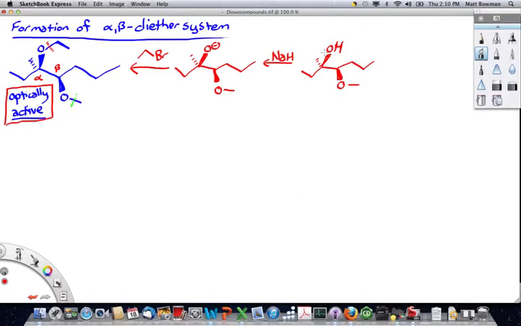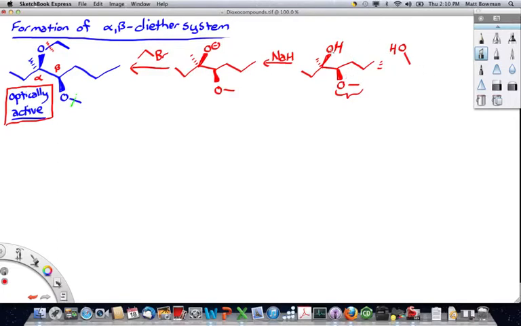Now, in order to figure out what epoxide specifically this came through, you have to take the OH from the epoxide and your nucleophile and redraw the molecules so that they are anti-coplanar to each other. So in this case, our nucleophile is a methoxy group.